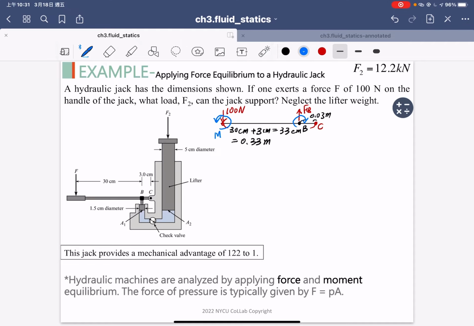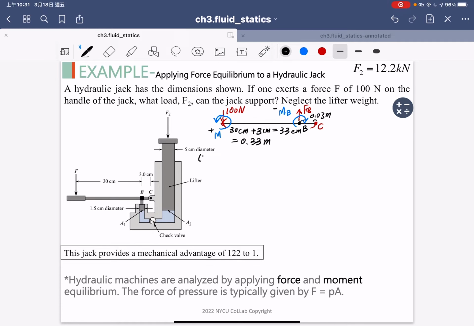So we use the moment symbol. We call that MB, and the MB is negative, and the M in here is positive. So in this system, for balance, the moment should be equal between M and MB.